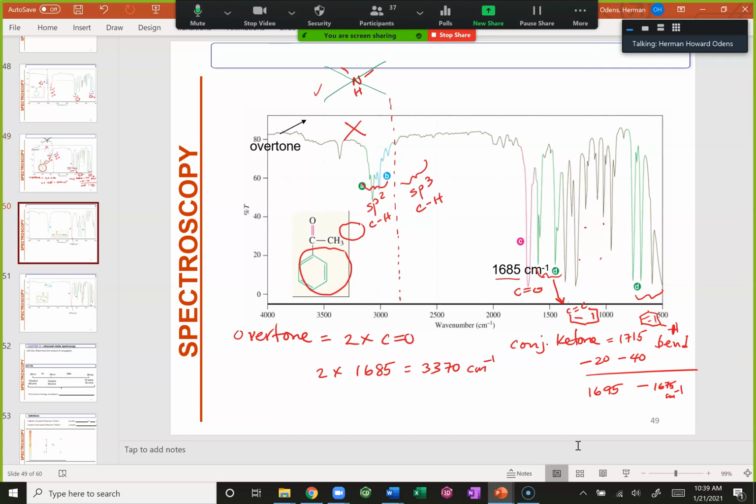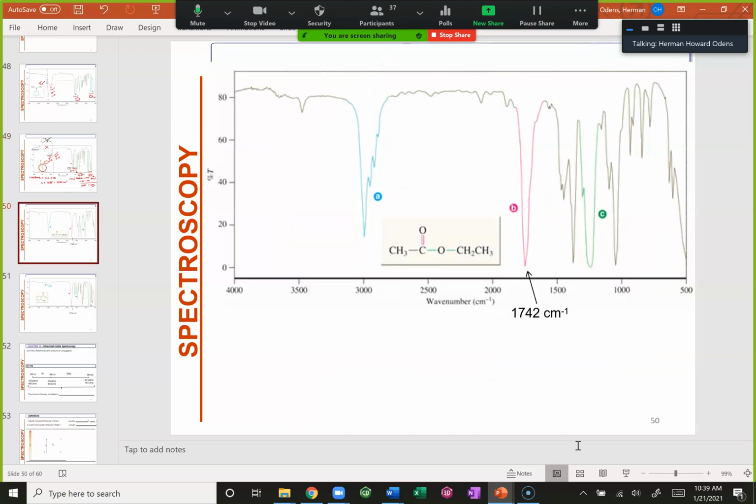We got 1 more minute and 2 more infrareds. Let me go over this real quick. What do we see here? This one is telling me that I have an overtone again. Ignore that, because this will be 2 times 2, so it's 4, 8, 14, 3,485. That's right around here.